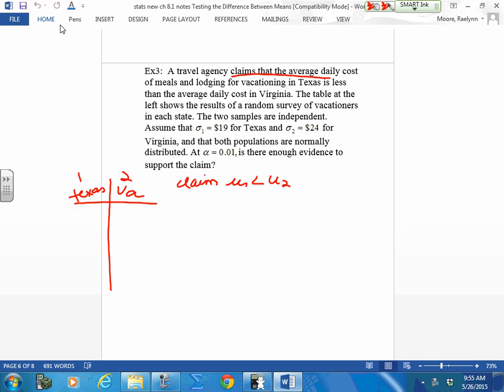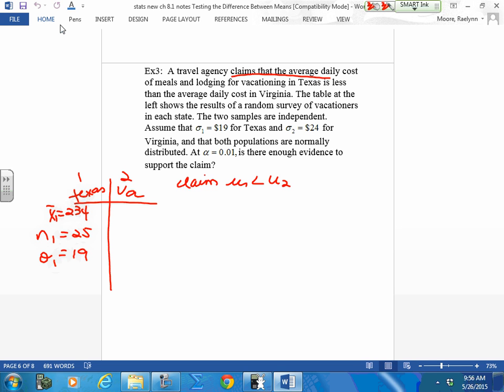They gave you the table at the left, on page 423. Your mean for Texas is 234. Your n in the sample was 25. And the population standard deviation for Texas, according to this, is $19.